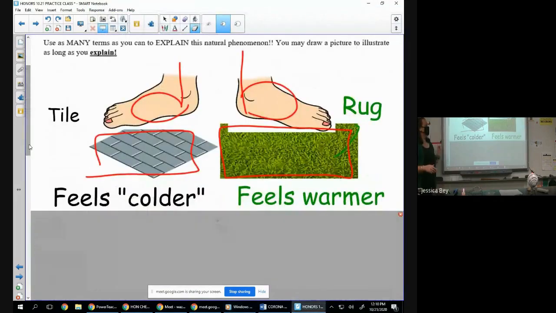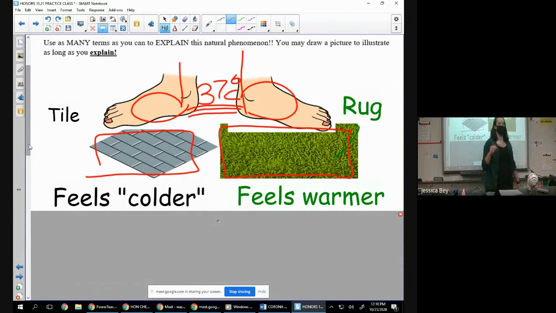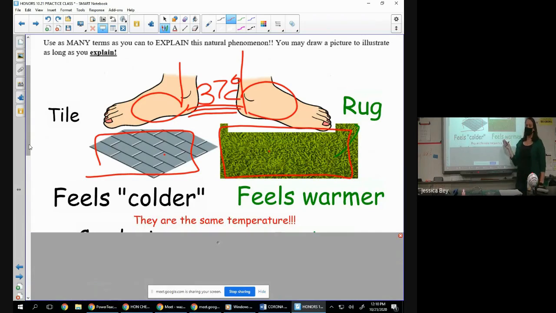When you walk into the room, your feet are at about 37 degrees Celsius. You are pretty warm compared to the rest of the room. Are the tile and the rug at any different temperature from each other? They have been sitting there all night long, right?